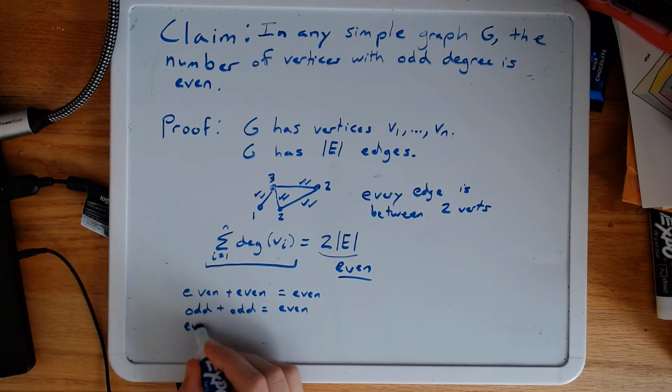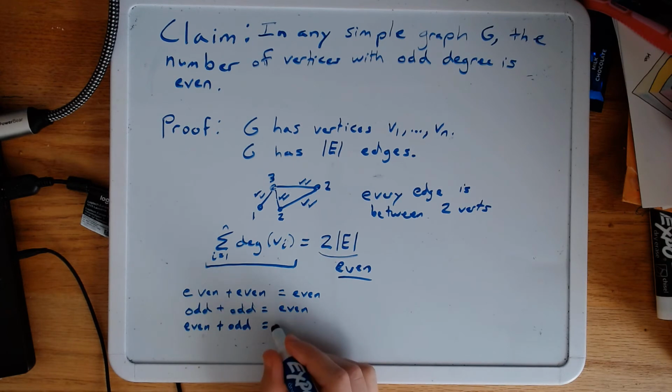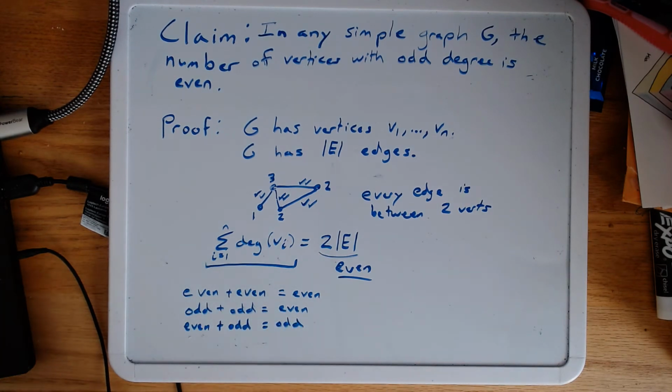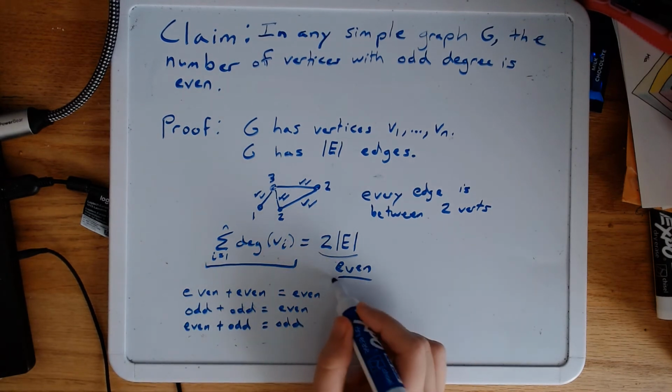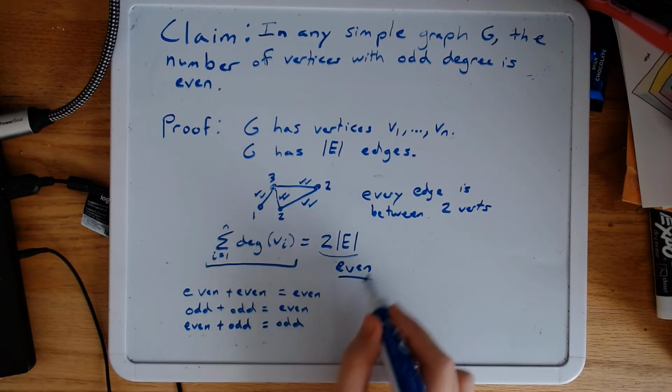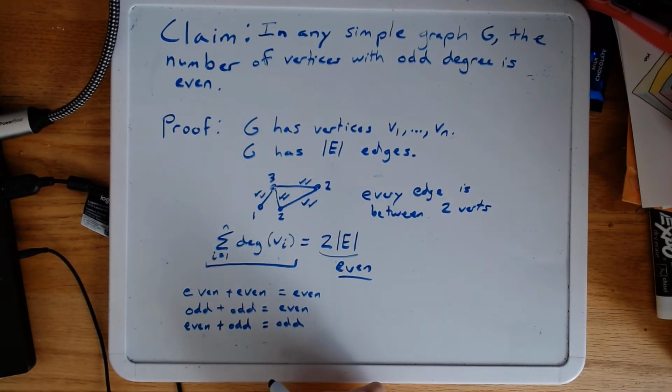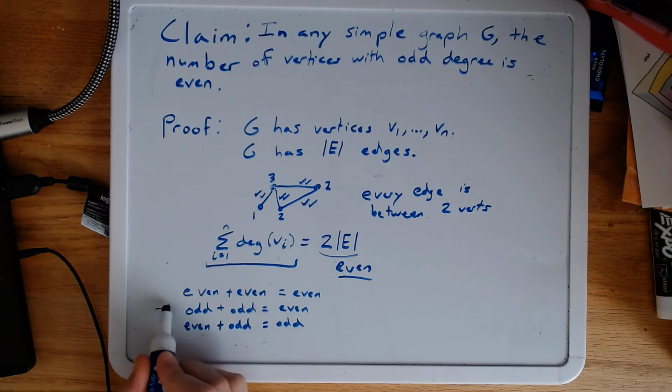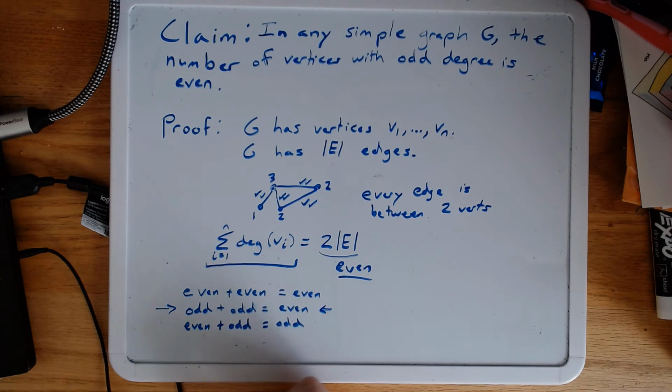But the sum of an even and an odd number is odd. So if we want an even number for our degrees over here, we must end up with an even number of vertices of odd degree, right?